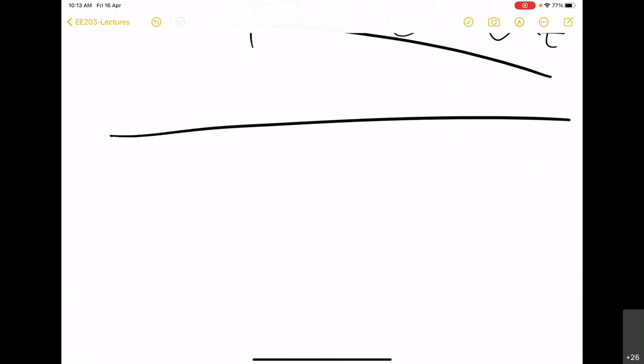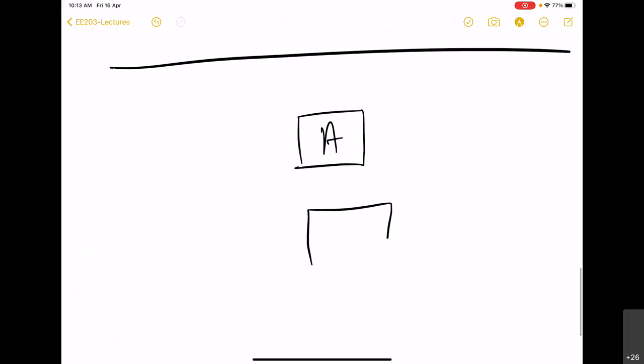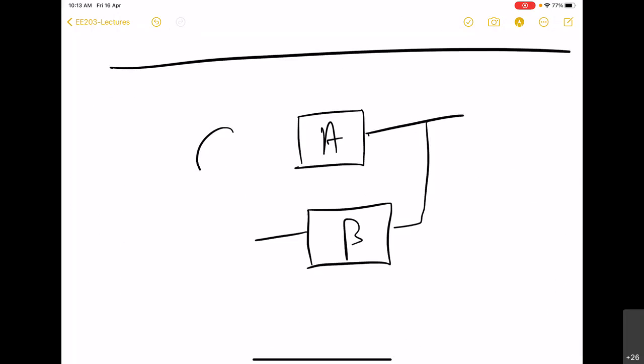In the oscillator, we have an amplifier, and then we have a feedback network, and the output of the feedback network in general is added with the external input, and then we get the external output.